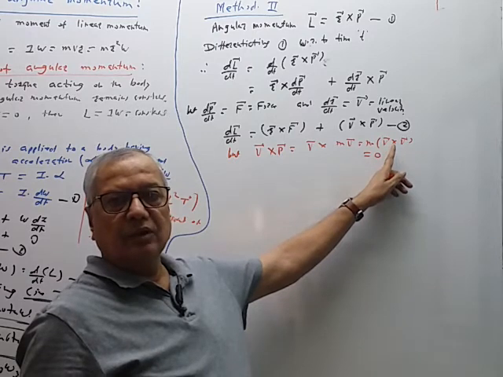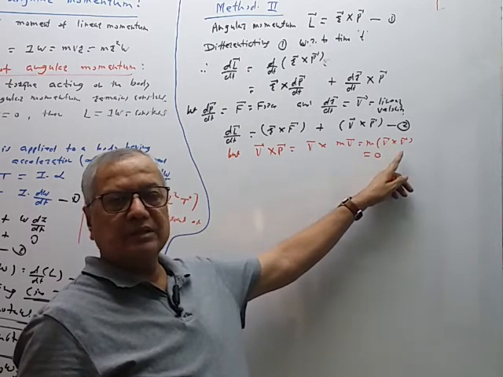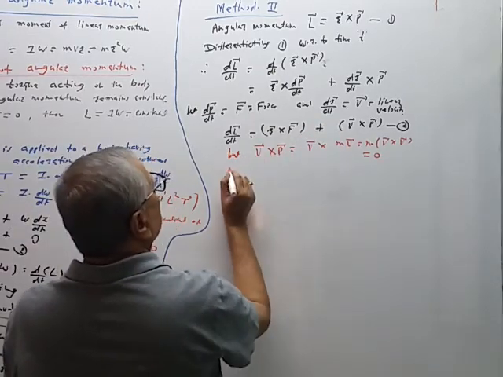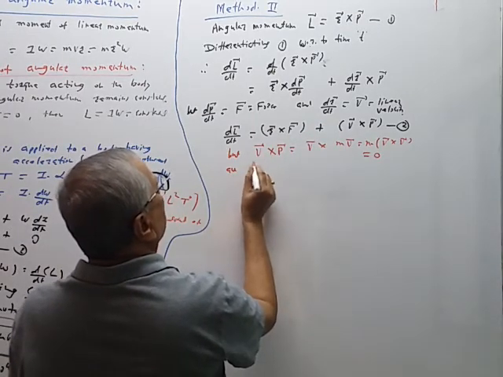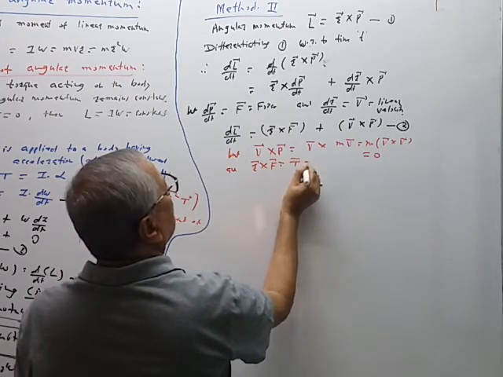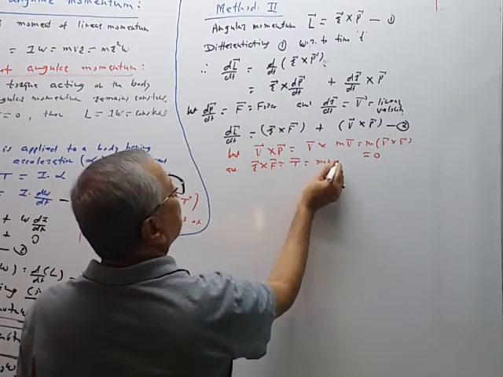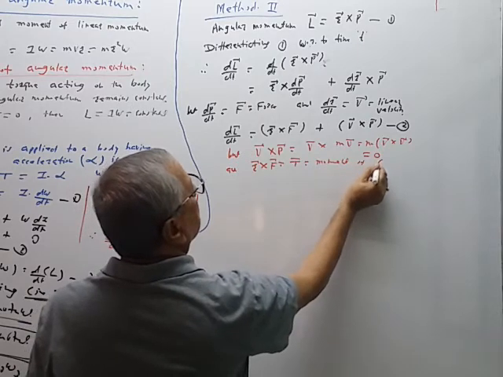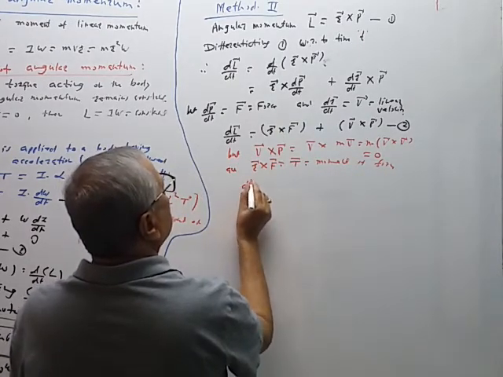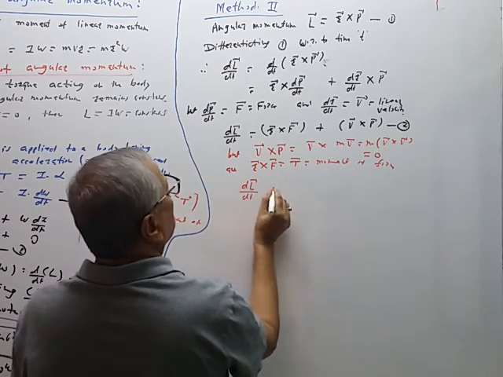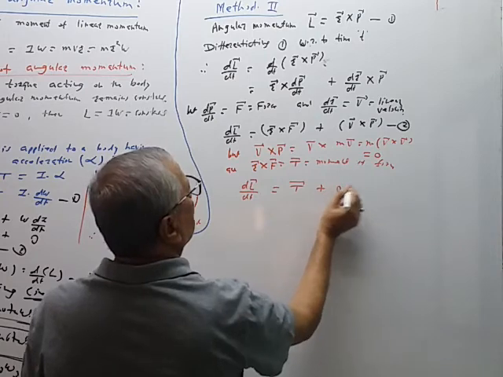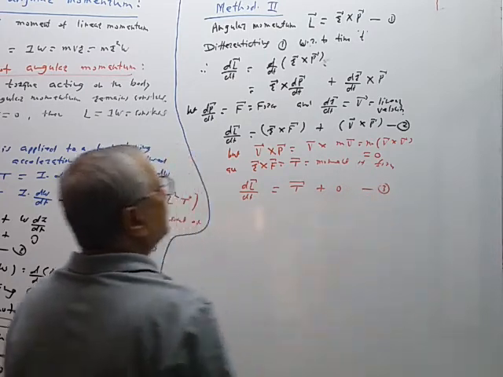The self cross product of a vector with itself is always 0. So the second term vanishes, and r cross F is equal to torque, the moment of force, and therefore dL by dt is equal to torque plus 0. So this is equation 3.